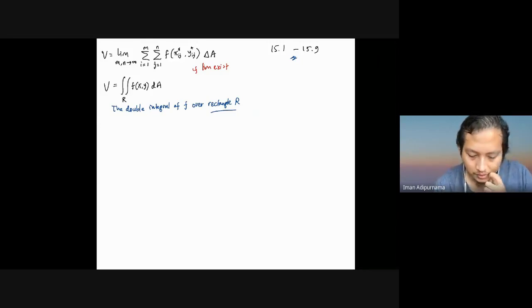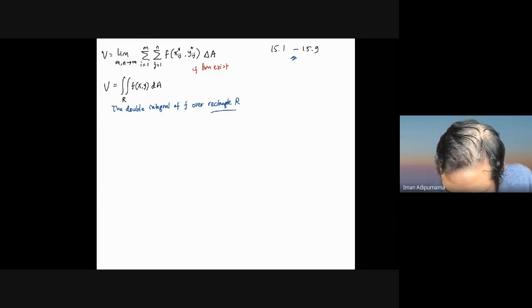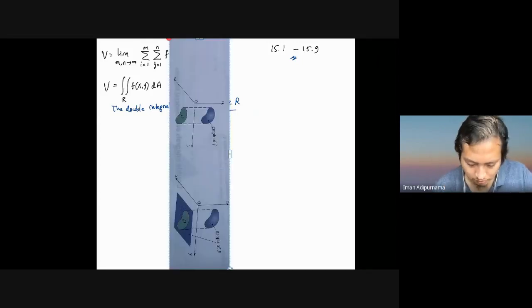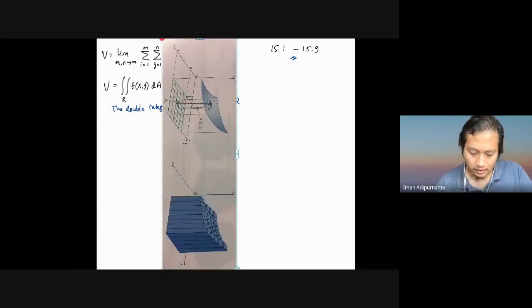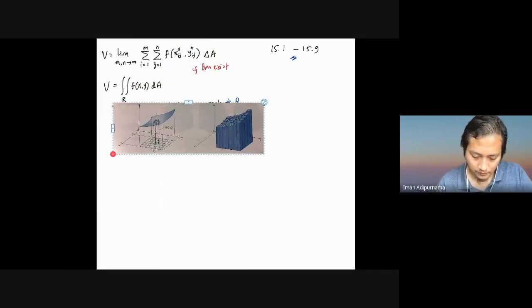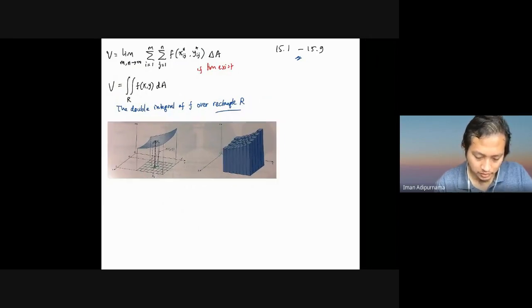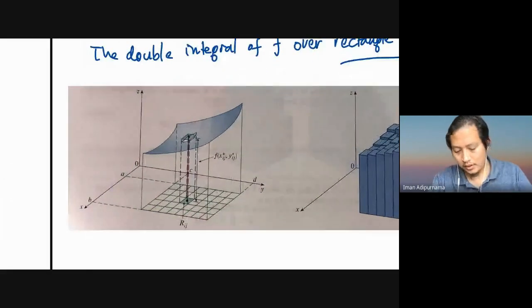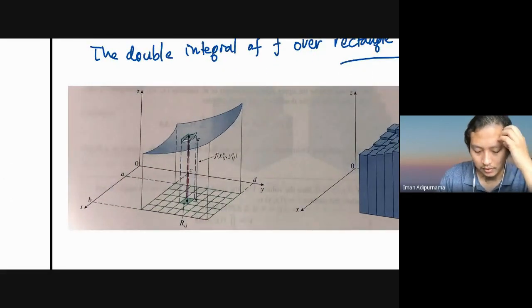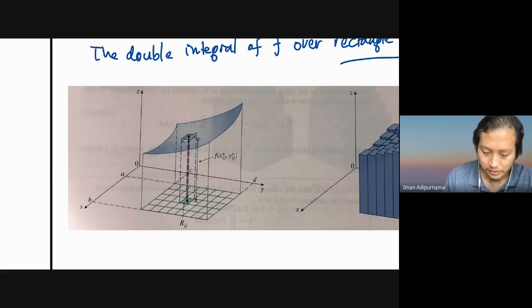If you want to look more closely at what we are going to observe, this is what the definition said. You have a projection from the surface. This is part of the surface, and we want to project it onto our xy plane.